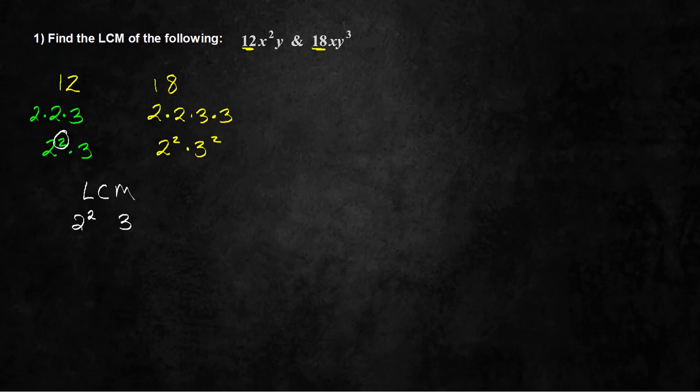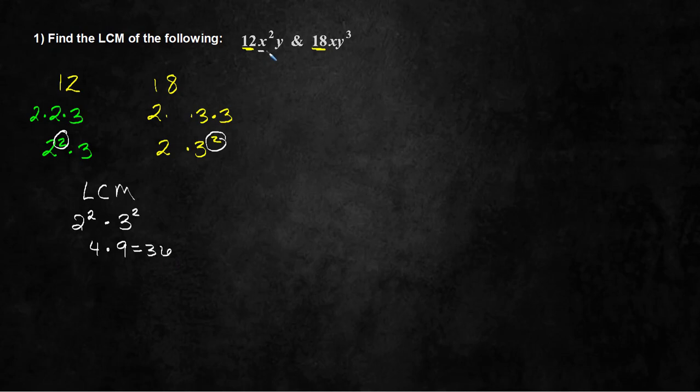Oh, excuse me. 18 is not 2 times 2 times 3. It's 2 times 3 times 3. And then your 3's exponent was 2. So the LCM of those two is 2 squared, which is 4, times 9, which is 36.